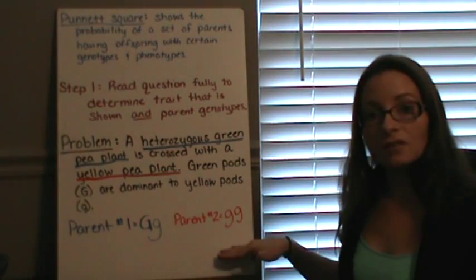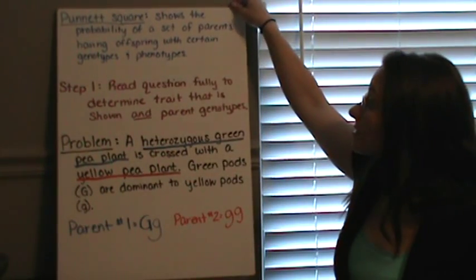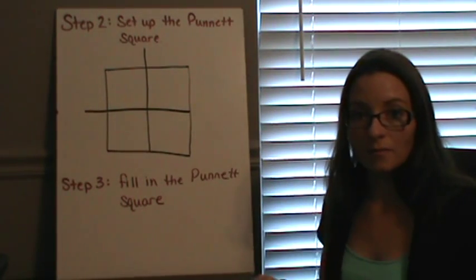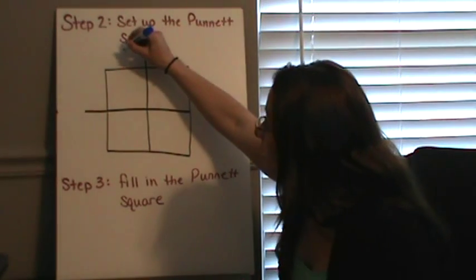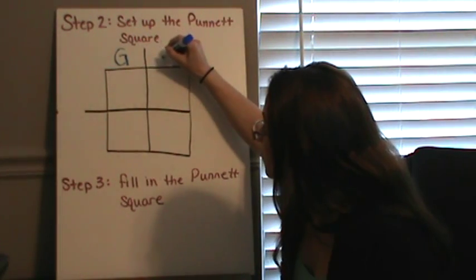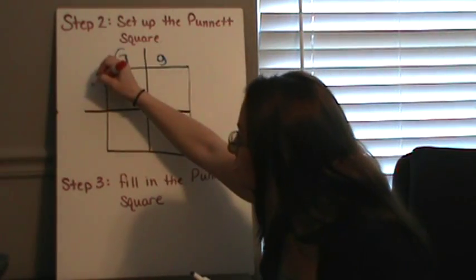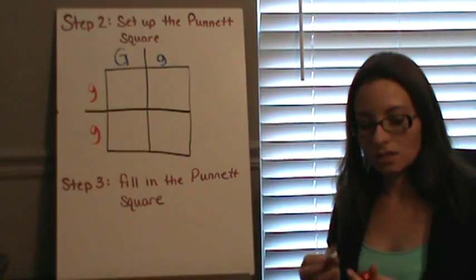So now that we've figured out the parents from the problem, the second step is to take those parents and set them up in a Punnett square. Parent number one that we were just looking at was big G, little g, and parent number two was little g, little g.